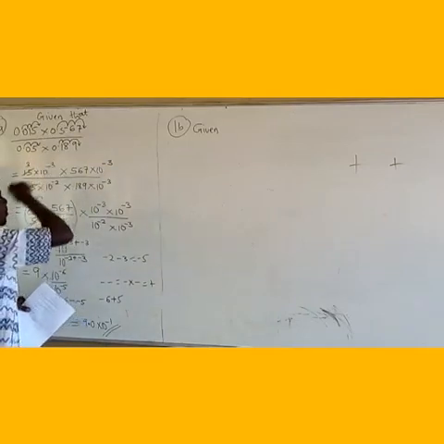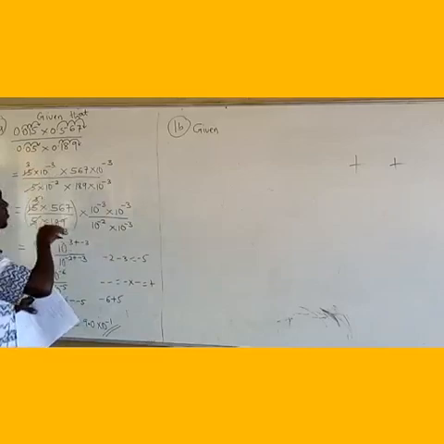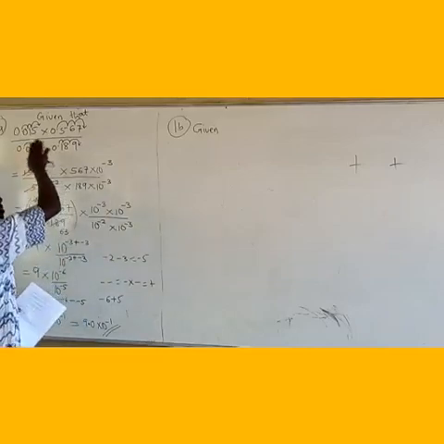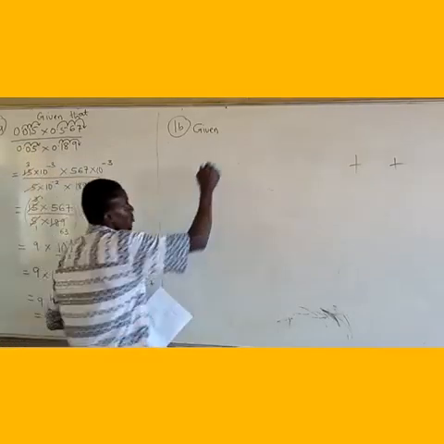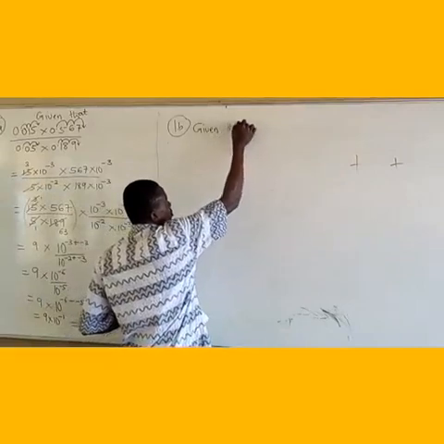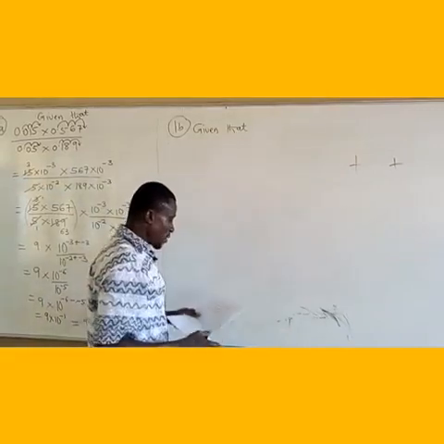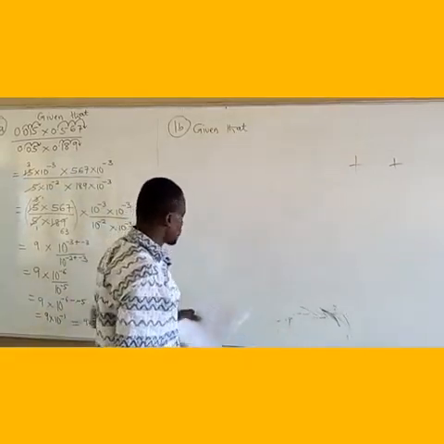So this is what we have to simplify, so you have to write "given that". Then you write what you are given, to make your presentation very nice and attractive.